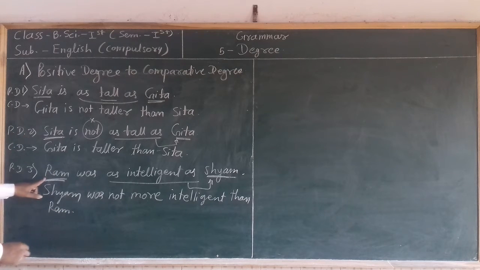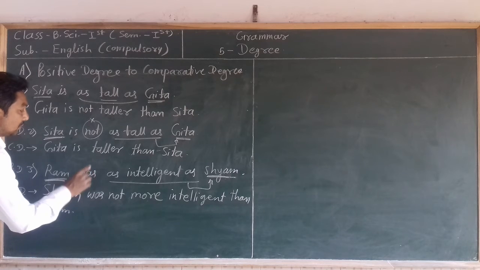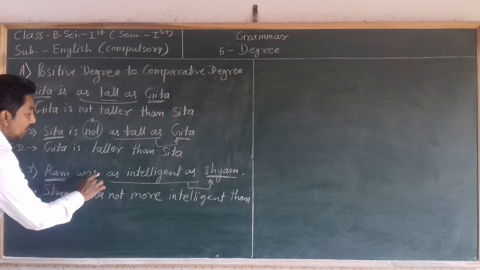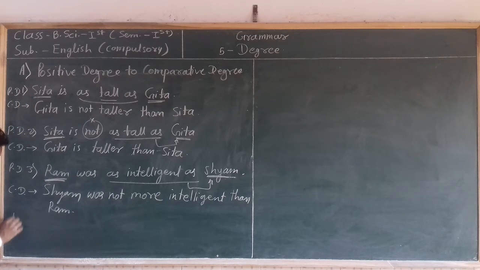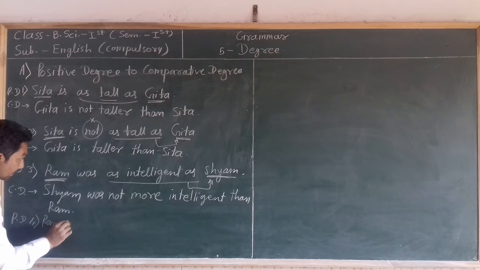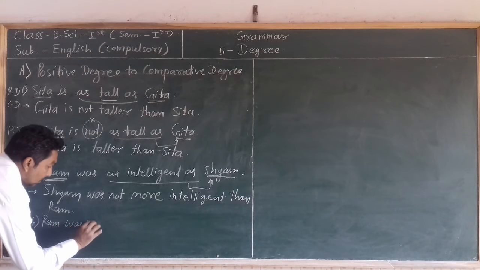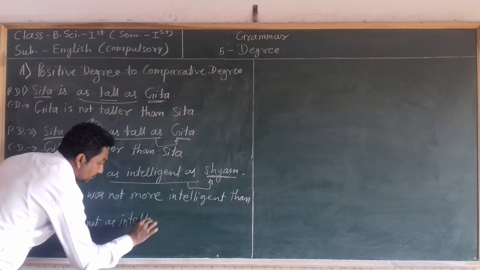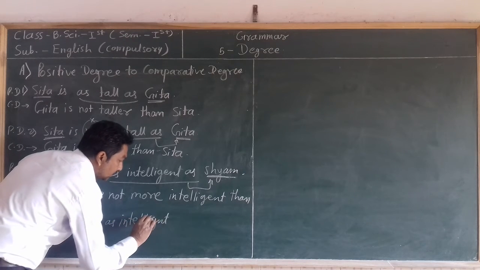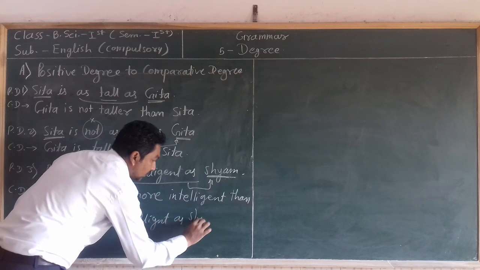But suppose in positive degree there is given not in front of the helping verb. So how can we transform that sentence? Ram was not as intelligent as Shyam.